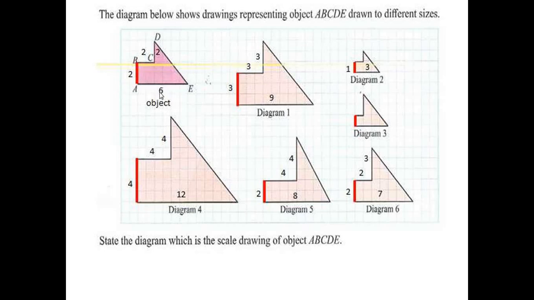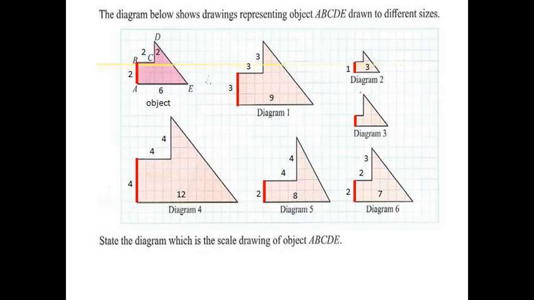What about the other sides, 2 and 6? When you put this into ratio form, you will have 1 to 3, right? How about 3 and 9? Can you have the same answer, 1 is to 3? Therefore, diagram 1 is the scale drawing of object A, B, C, D, E.